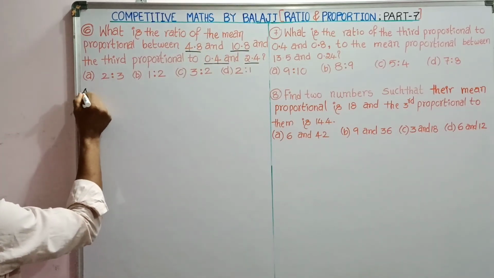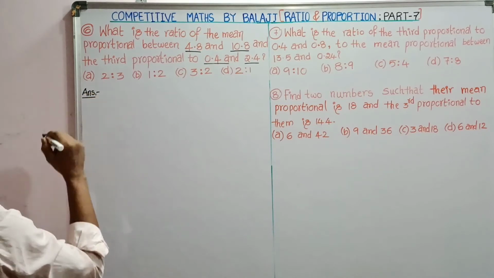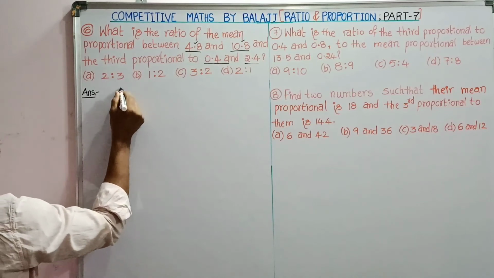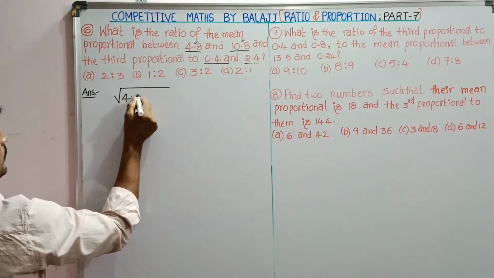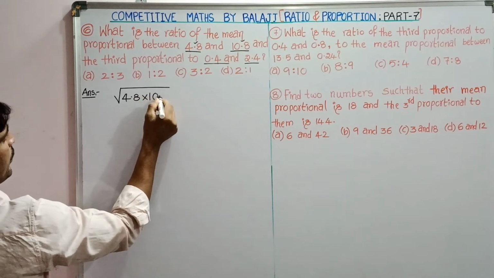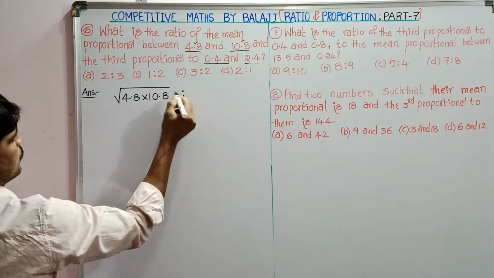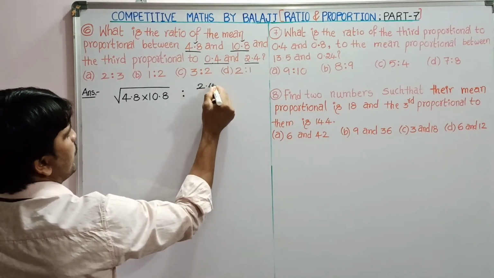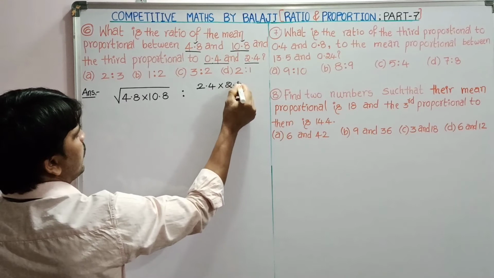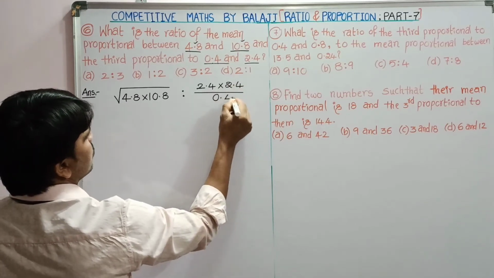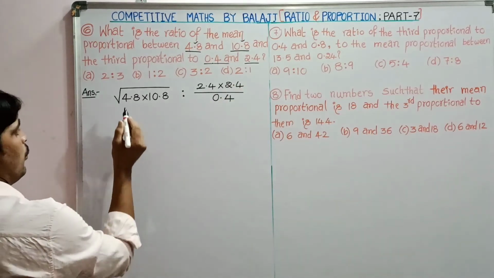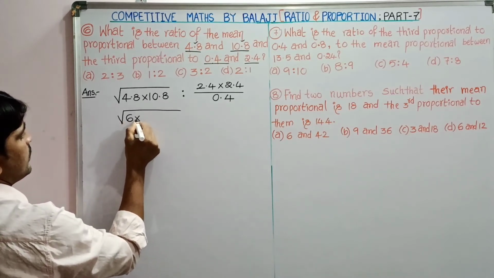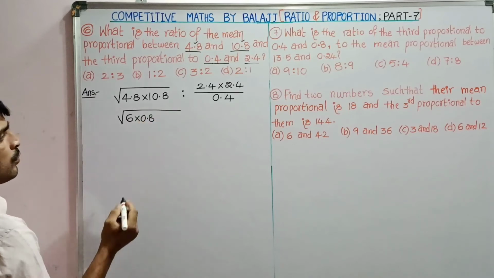That is, the mean proportion of 4.8 and 10.8 is under root of 4.8 times 10.8, to the third proportion of 0.4 and 2.4, which is 2.4 times 2.4 by 0.4. Now 4.8 can be split as 6 into 0.8. 6 times 0.8 is 4.8.